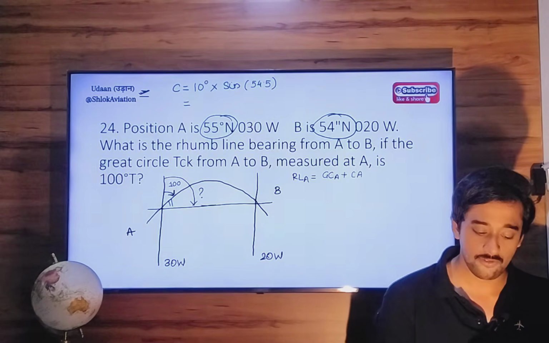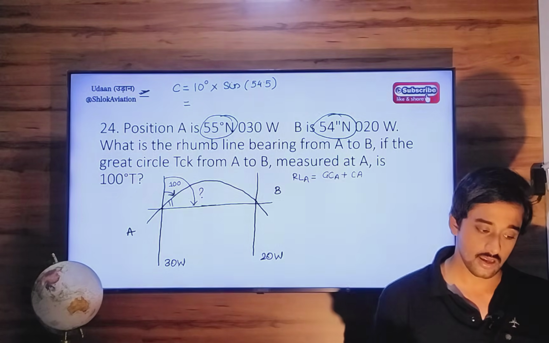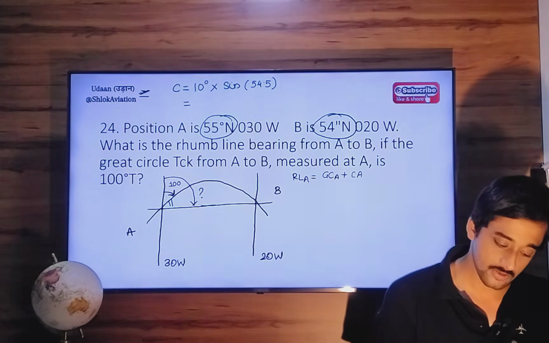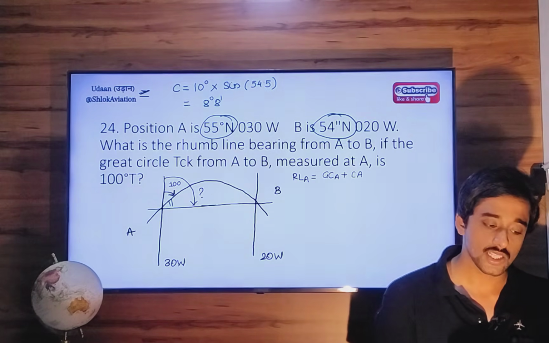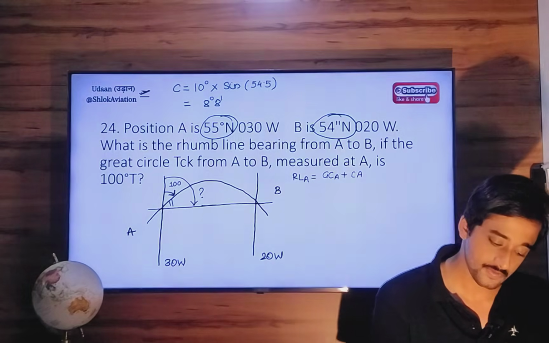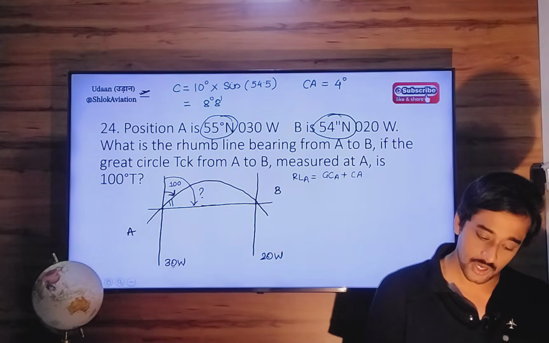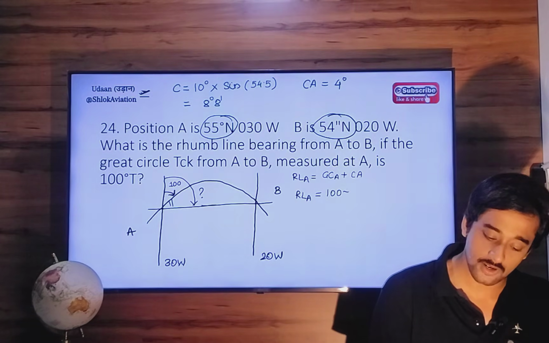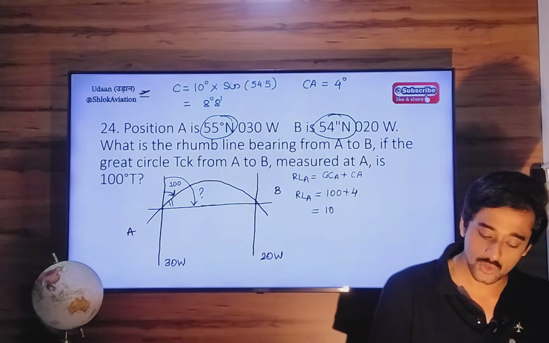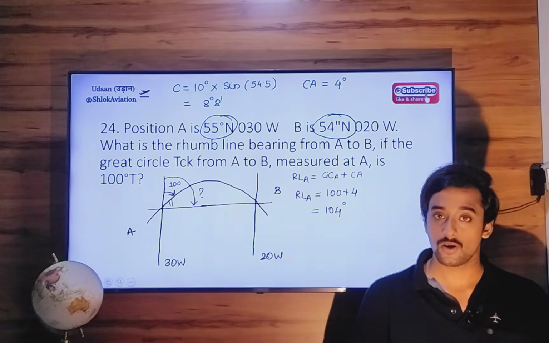So sine 54.5 into 10 is 8 degrees 8 minutes. Half of that is 4 degrees 4 minutes, or approximately 4 degrees. So your rhumb line track at A will be great circle track plus convergency angle, that is 104 degrees. Okay, simple.